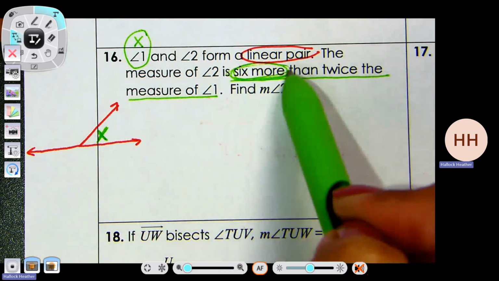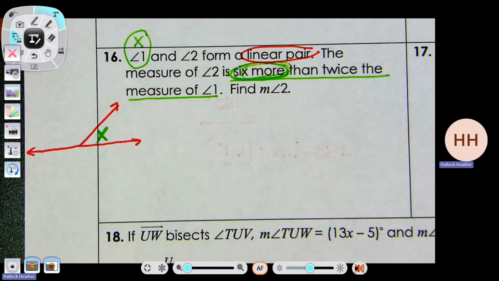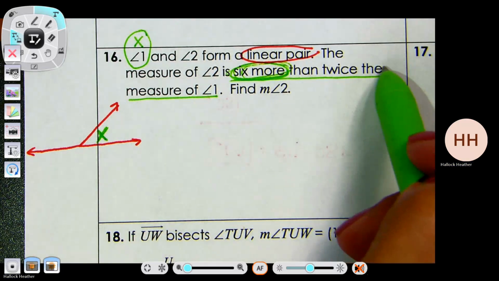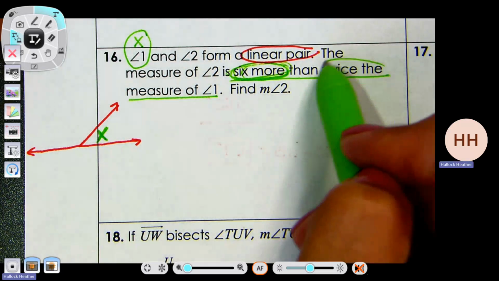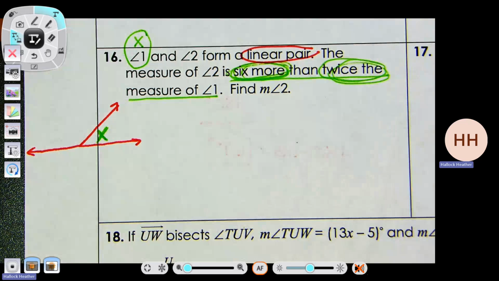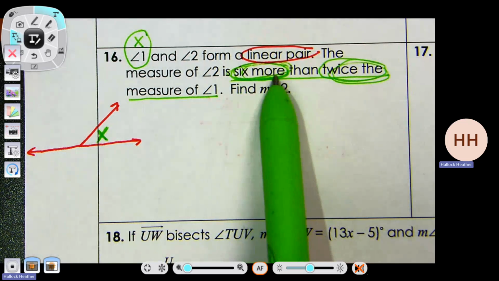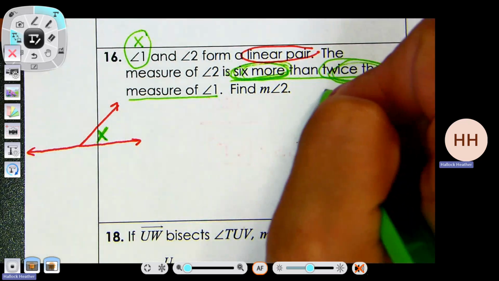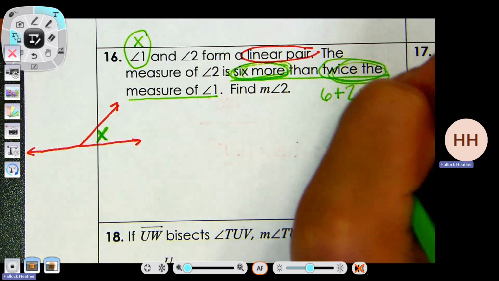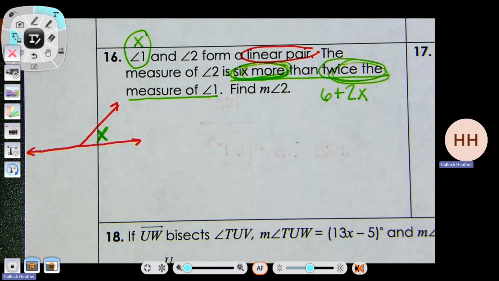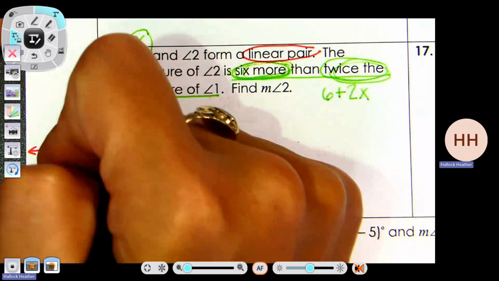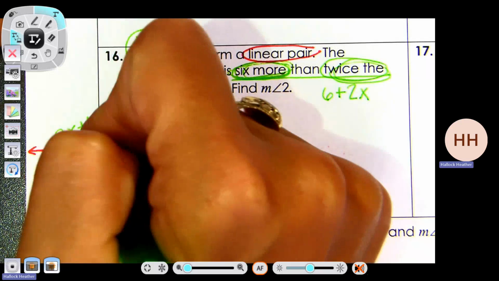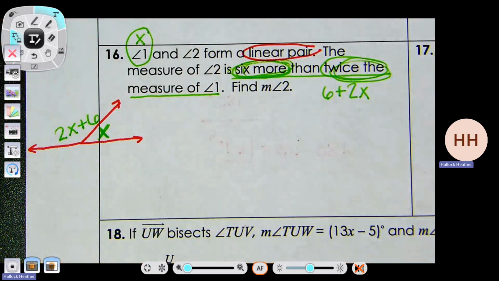Plus, okay, so we agree we're adding 6 to something. Twice the measure is 2 times that, so 2x. So the second angle is going to be represented with either 6 plus 2x or 2x plus 6. Either way, it's going to be the same thing. Either way, you're adding 6 to it. So I'll leave it as 2x plus 6. So now I have both angles.